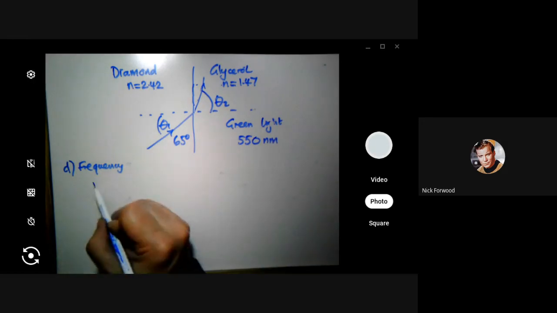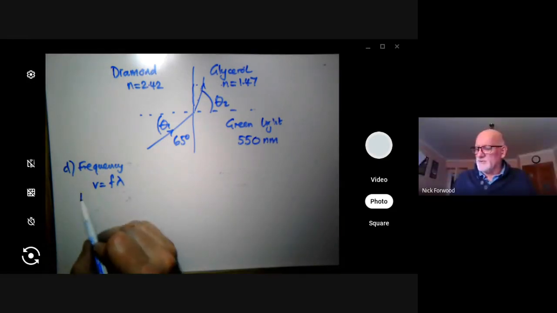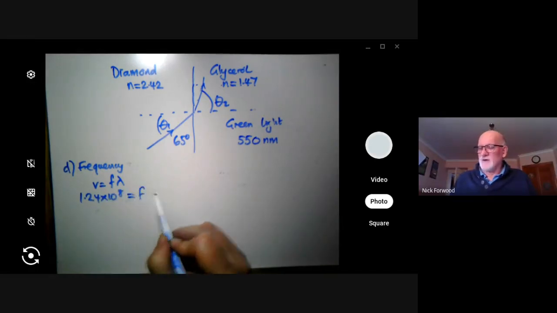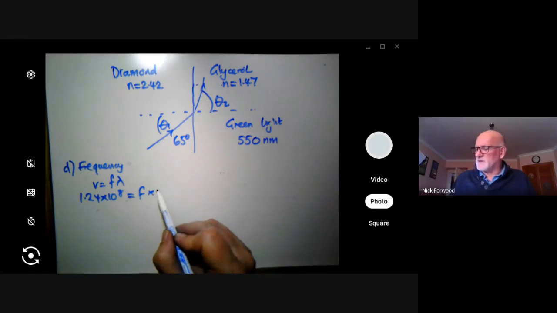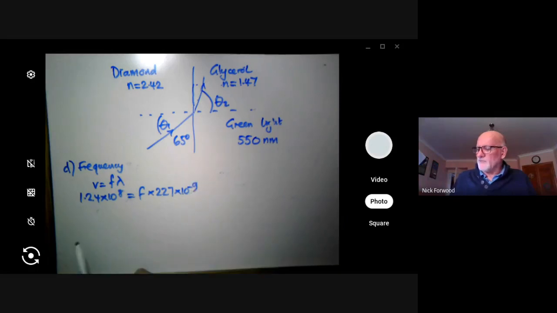V equals F lambda in diamond: 1.24 times 10 to the power of 8 is equal to F times 227, I think? Rewrite that, put F the subject of the formula, and we get F is equal to 5.46 times 10 to the power of 14 hertz.